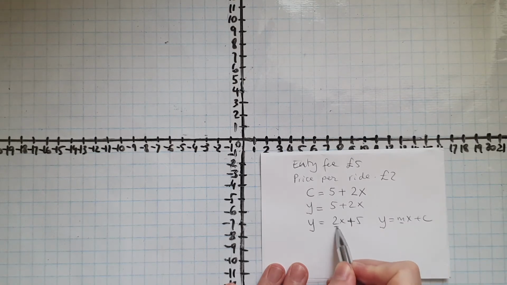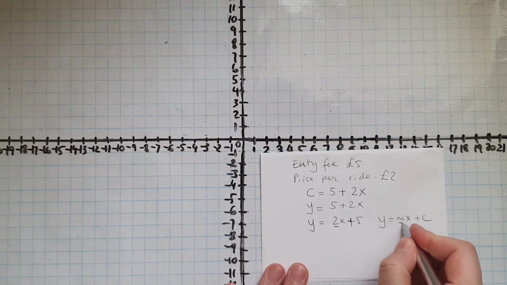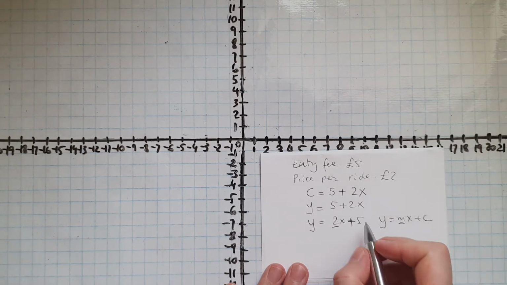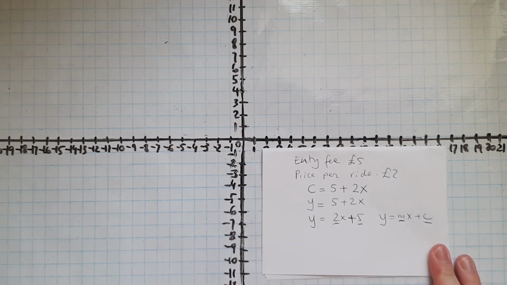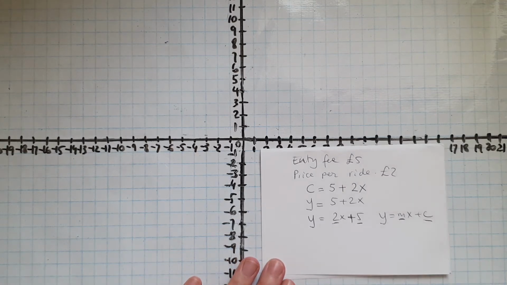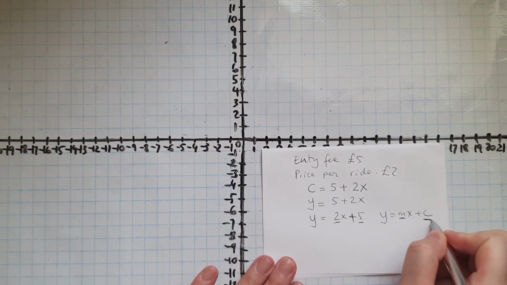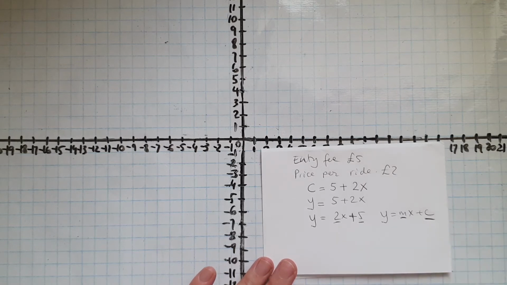M is that gradient, the price per ride, the fee per item, cost per item, and 5 is that constant value, that thing that doesn't change, that amount that doesn't change. So you might like to look at C as the constant value.